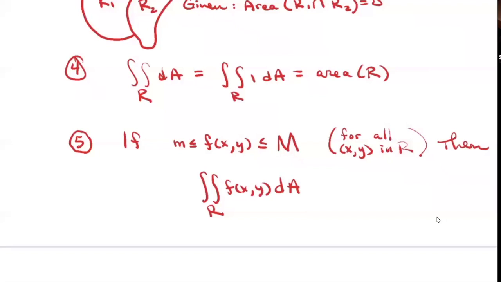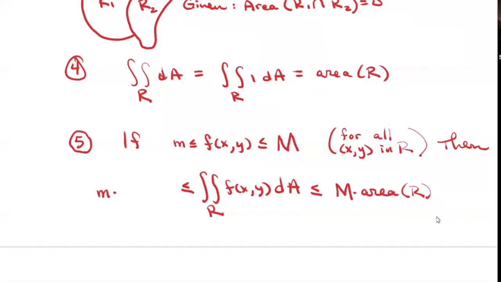Well, you know that this is going to be between two volumes. If you do big M, that's the biggest f gets times the area of R. That's got to be bigger because M is bigger than every value of f over R. And f is bigger than little m.